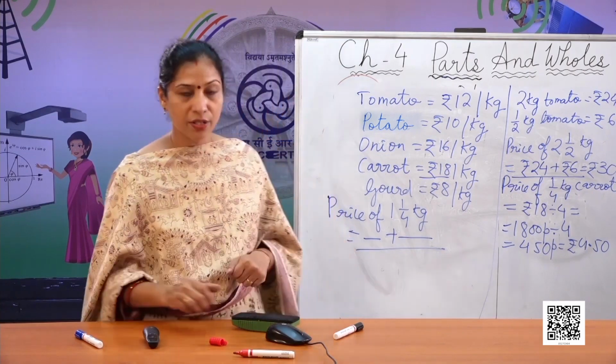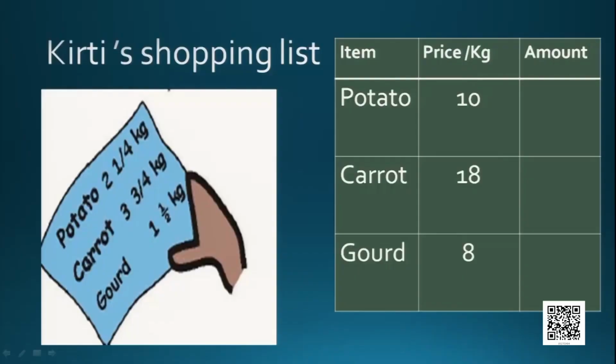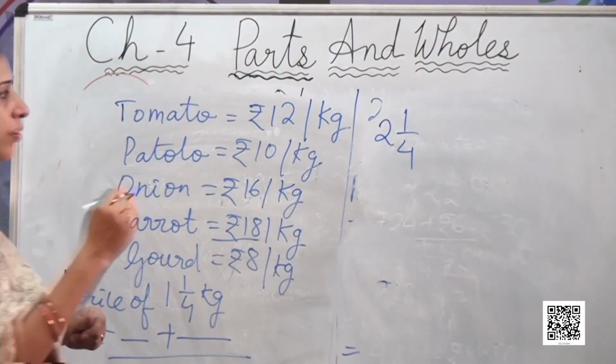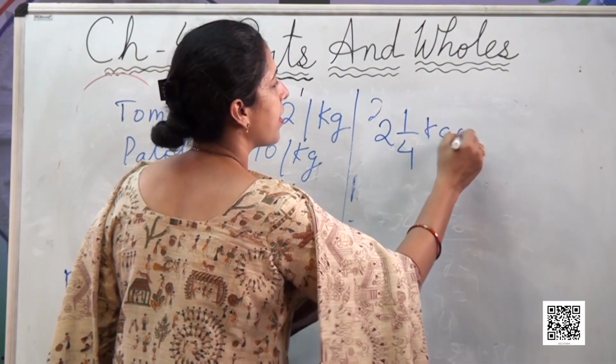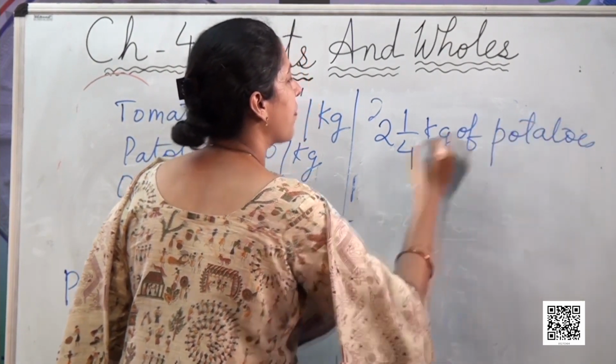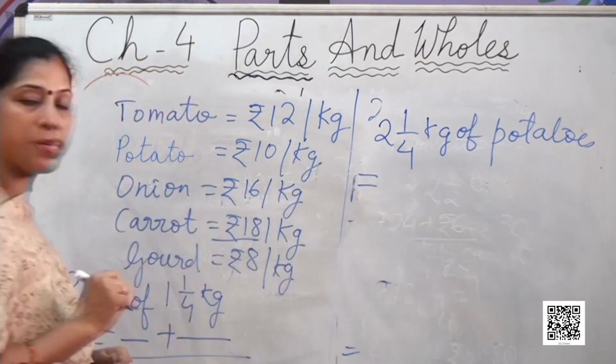So now let's calculate Kirti's shopping list. For that we need to find out what is the price of each item. So price of potato. The price of potato is 10 rupees per kilo and Kirti is going to buy 2 1/4 kgs of potato. So first find out the price of 2 kg potato.